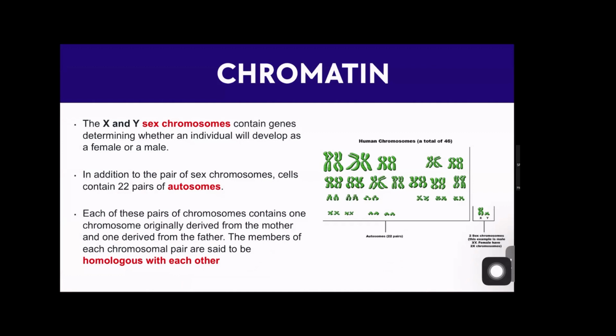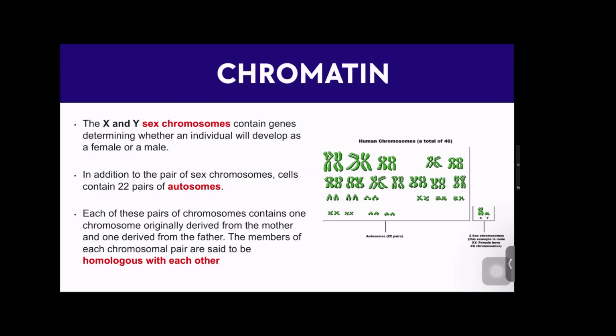So the X and Y sex chromosomes contain genes determining whether an individual will develop as a female or a male. So in addition to the pair of sex chromosomes, cells contain 22 pairs of autosomes. So autosomes, class, contrary to your sex chromosomes, do not determine sex.